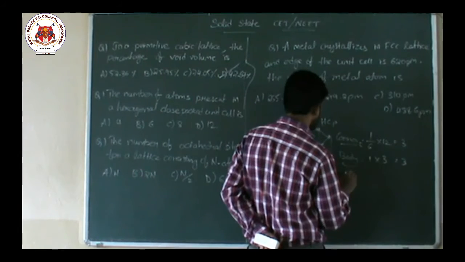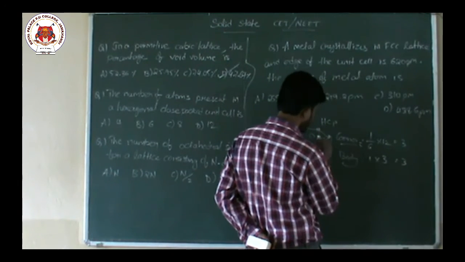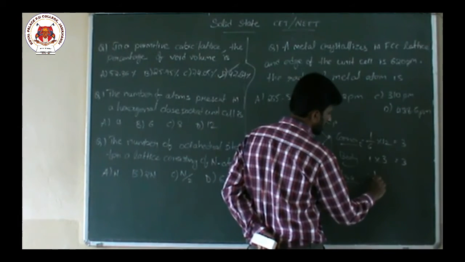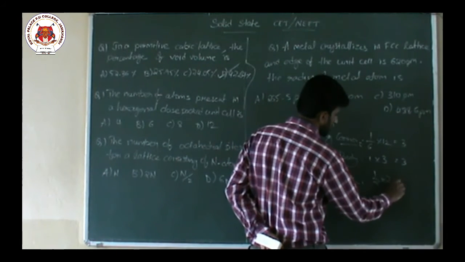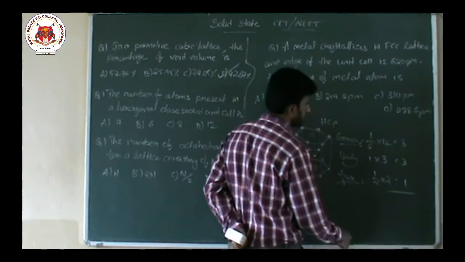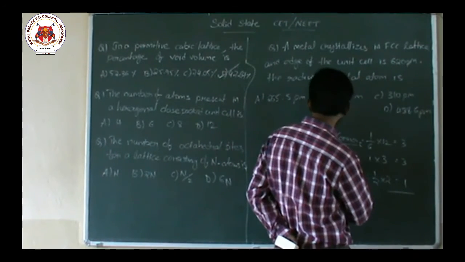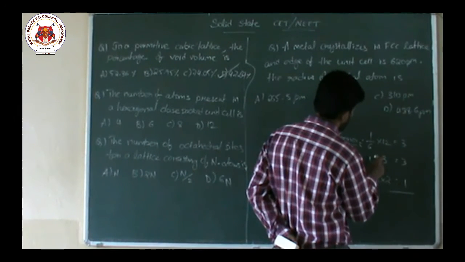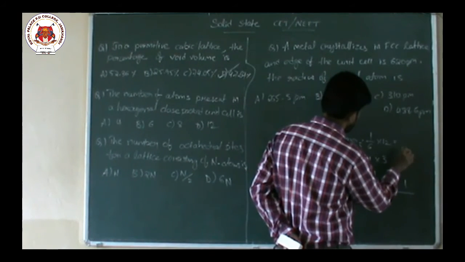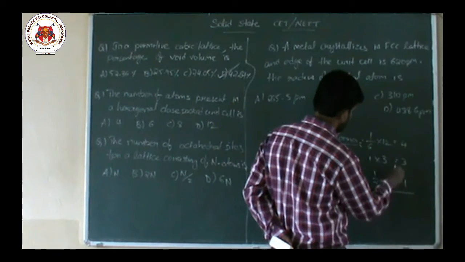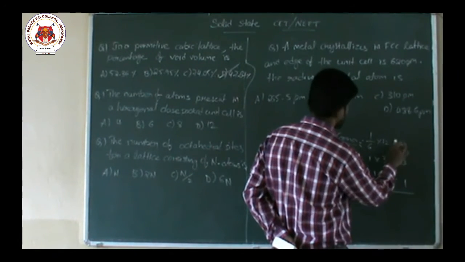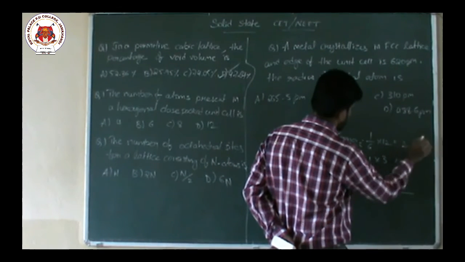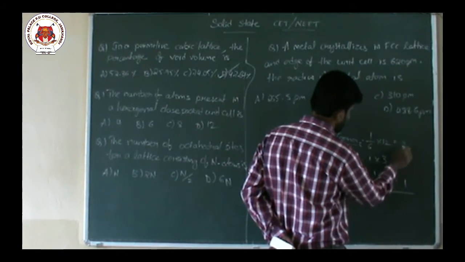Next, coming to the faces. At the faces there are 2 atoms. Contribution is 1 by 2 for each, that means 1. So 12 atoms with 1 by 6 contribution gives 2, plus 3, plus 1.